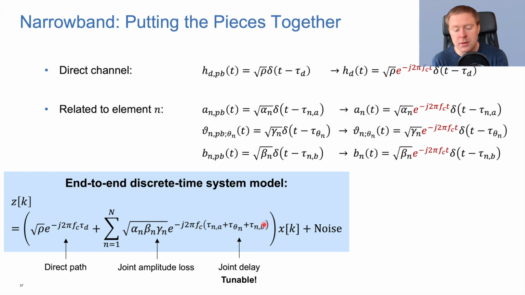We add those delays up, and here we have a joint delay. And here we have one of the terms that is tunable in our surface by changing the bias voltage. So this is what happens with the channel, and the transmitted signal is multiplied with this complex value, and then we add noise to it. That is our system model.